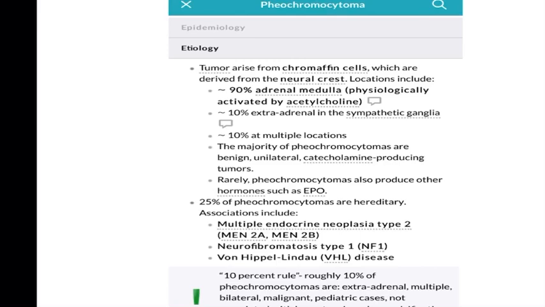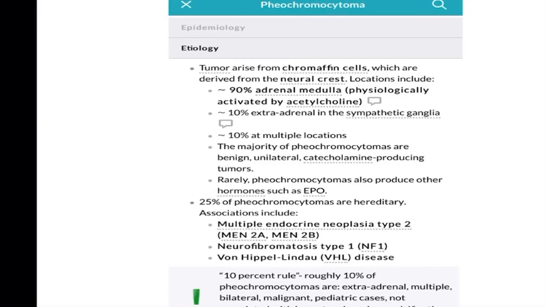Multiple endocrine neoplasia involves many endocrine diseases, and pheochromocytoma is also an endocrine tumor, right?